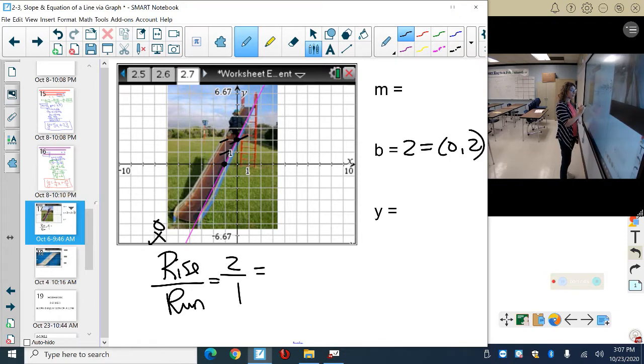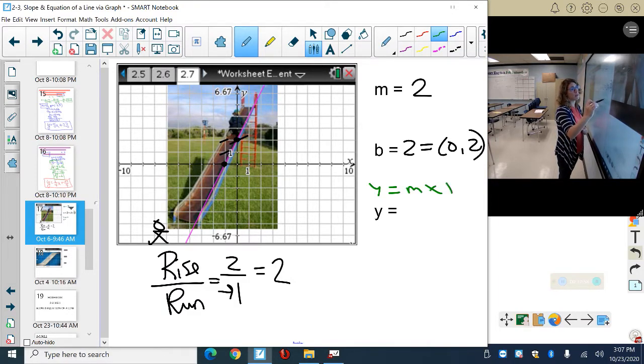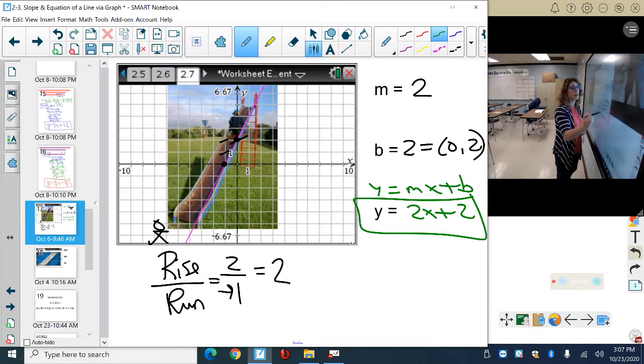Remember, I put myself on this line, and I'm going up the mountain, and I'm going to the right. So if I'm going to the right, I have a positive slope of 2. That means my final answer is going to be y equals mx plus b. So y equals 2x plus 2. That's the equation of this slide going down. Okay?